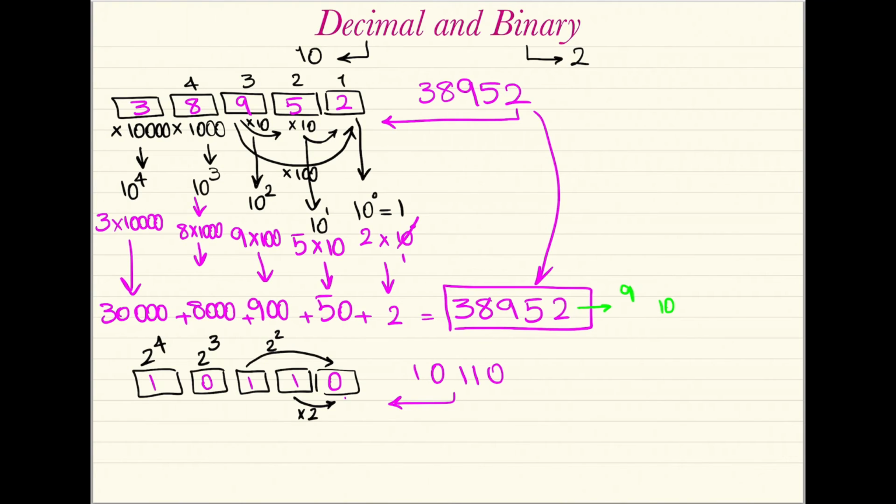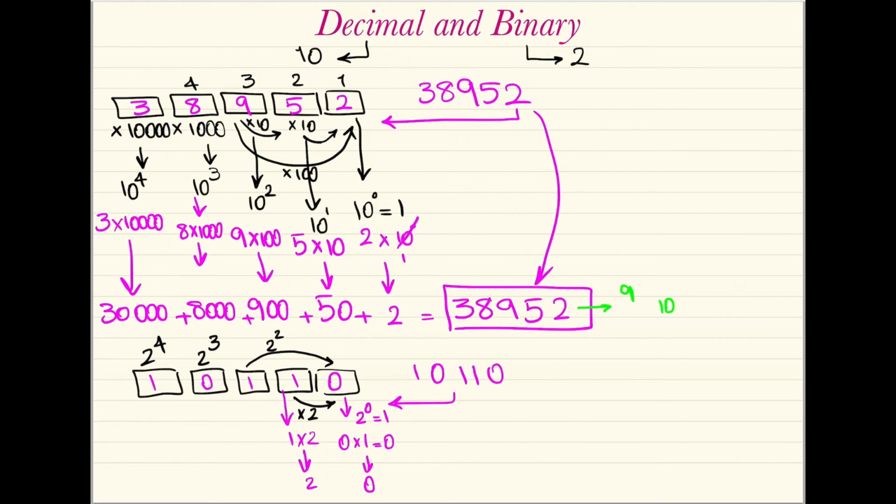So let's see what it means. This box, as we know, is 2 to 0, and 2 to 0 means 1. So 0 times 1 is just 0. So the first number is 0. This one is 2. 1 times 2 is 2. Just gonna put this here, 2 is here.